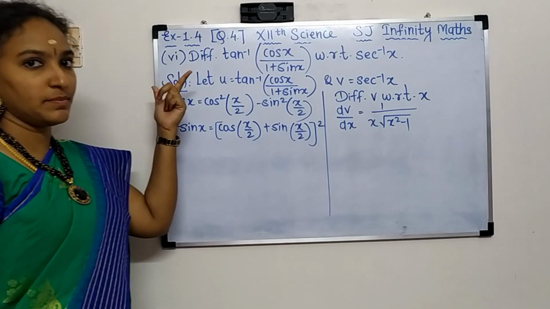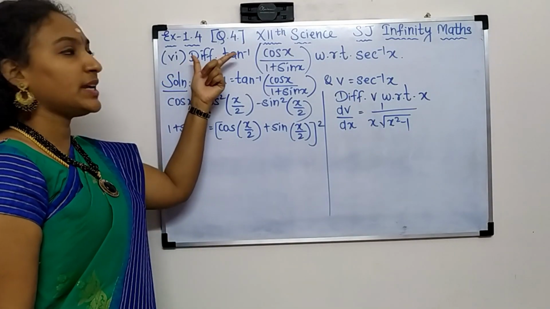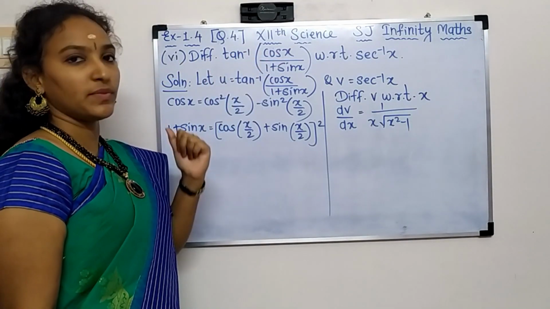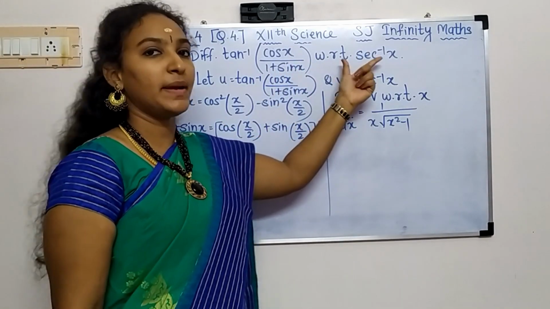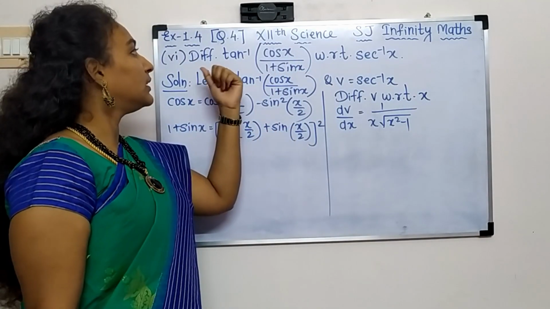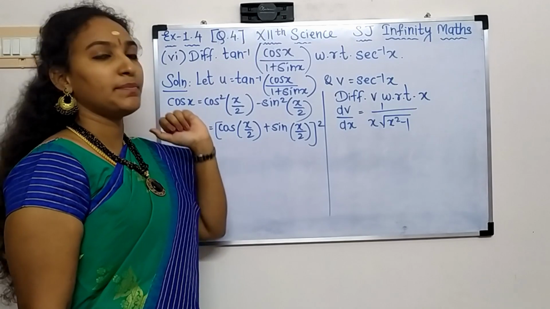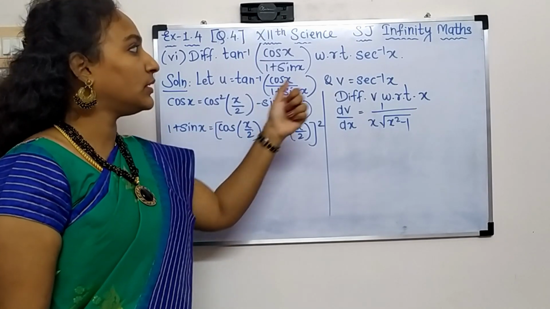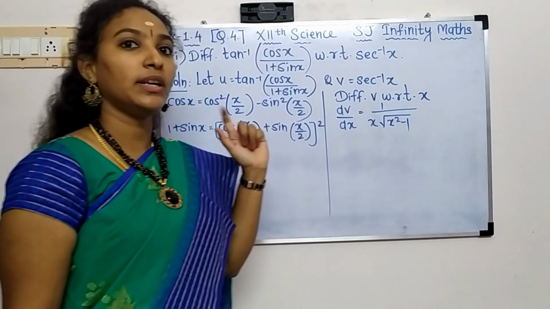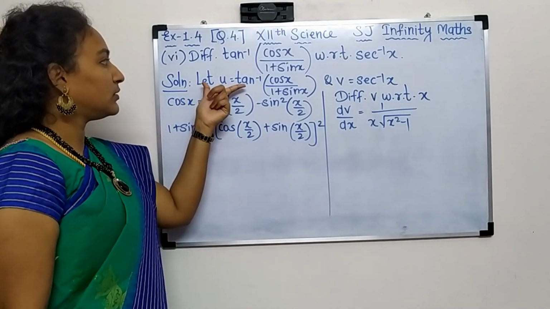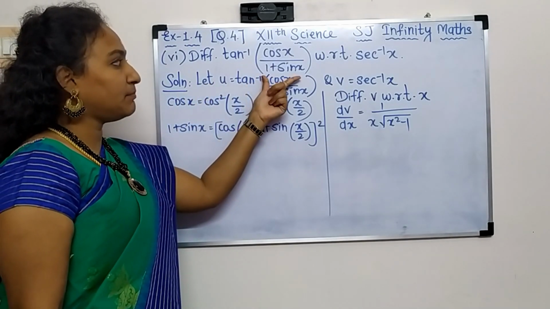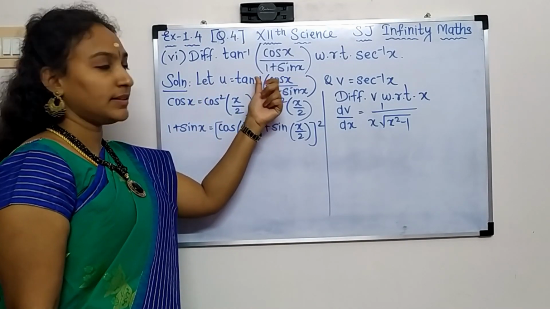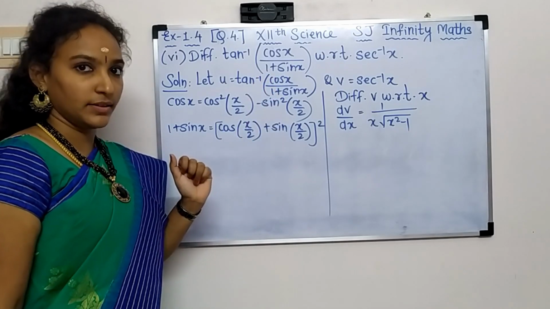Okay, now see question number 6. Differentiate tan inverse cos x upon 1 plus sin x with respect to sec inverse x. Let tan inverse cos x upon 1 plus sin x be your u, and sec inverse x be your v. Okay. Now we have to simplify this cos x in the numerator and 1 plus sin x in the denominator.